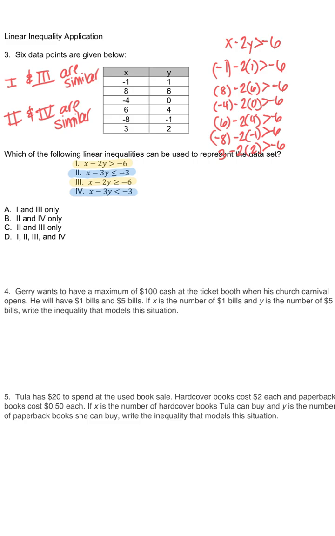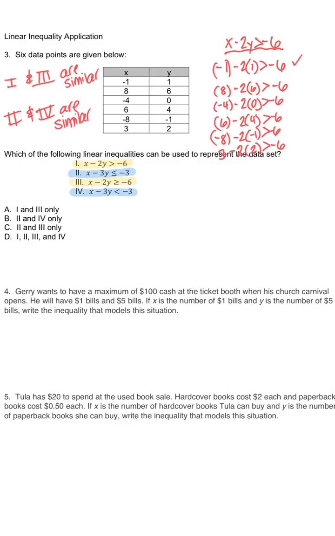But okay, let's go ahead and solve these really quick. Are these true or not? So negative 1 and negative 2 would be negative 3, which is greater than negative 6. Yes, that is true.